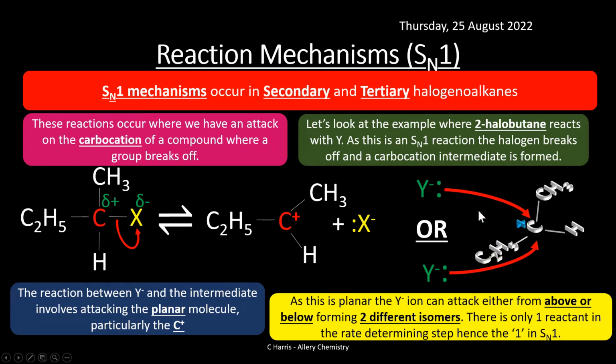Now, there's only one reactant in this rate determining step, so this is where the 1 comes in for SN1. This is a substitution reaction, and it's happening all in one go. So you need to be aware that with this type of reaction you potentially get two different isomers formed.